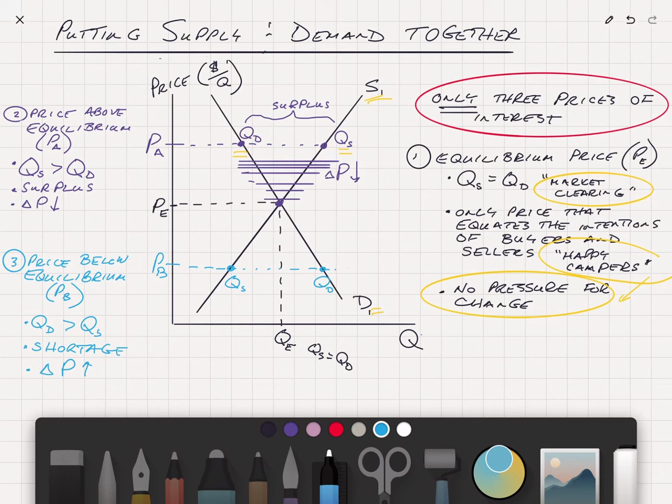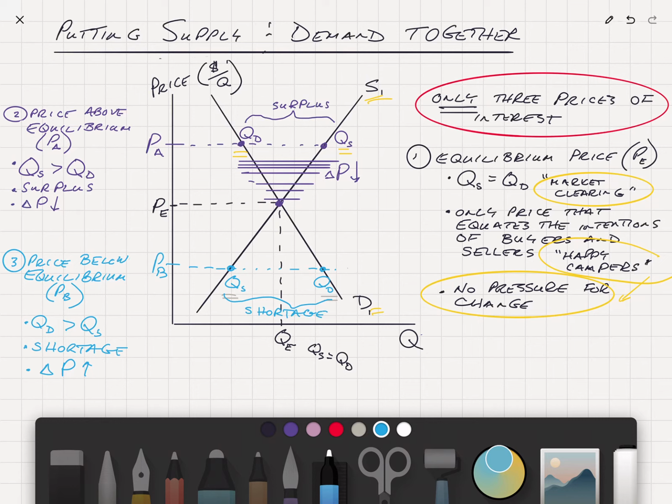You can see now that the quantity that consumers want to buy, right here, is greater than the quantity that firms want to sell. In this situation, we call this distance a shortage.